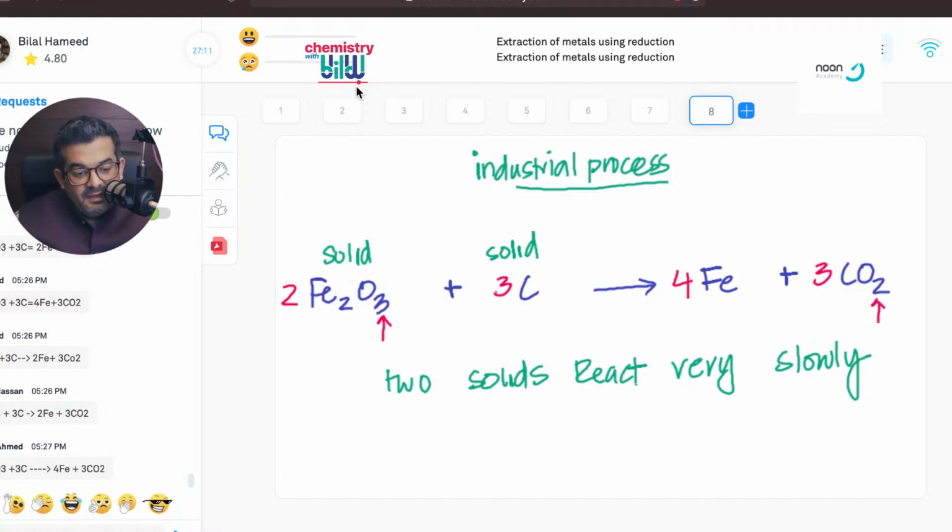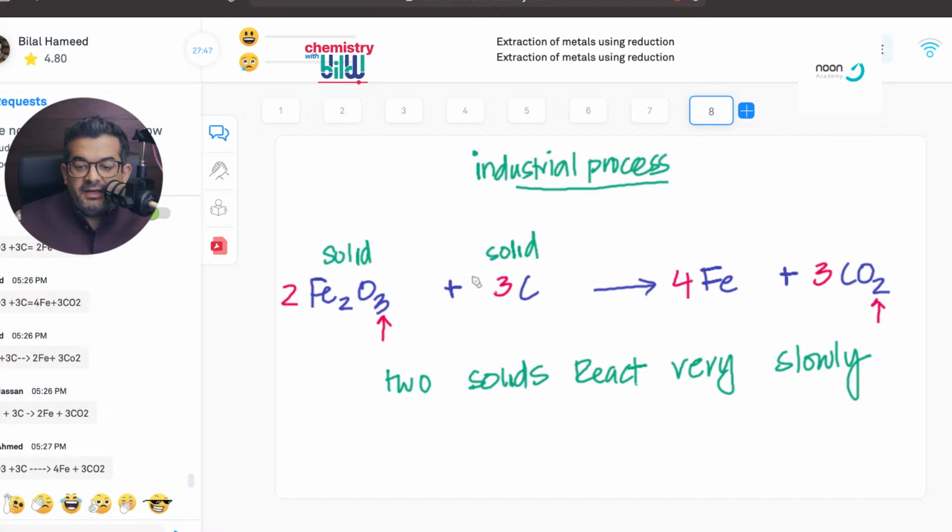Okay, that's the issue. Now, how do I fix this? You see, the problem is, how do I fix this?